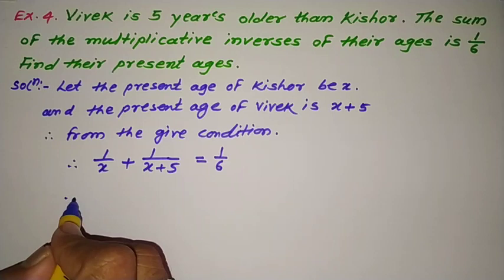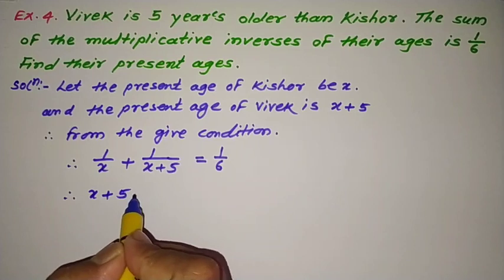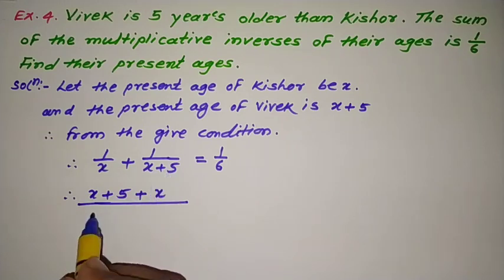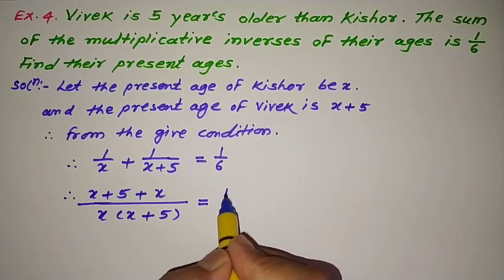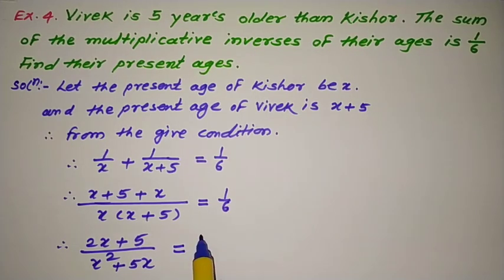Here cross multiplication: x plus 5 into 1, x plus 5 plus x into 1, over x into x plus 5, is equal to 1 upon 6. Therefore x plus x, 2x plus 5, upon x square plus 5x is equal to 1 upon 6.